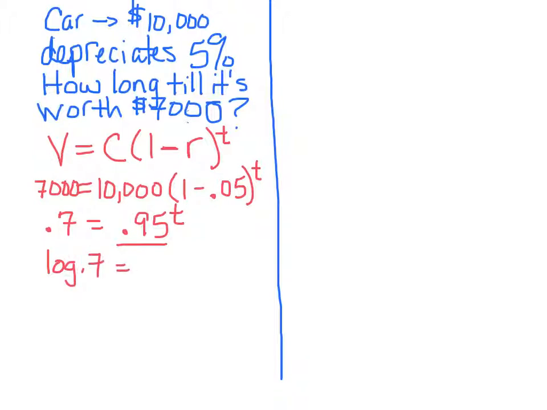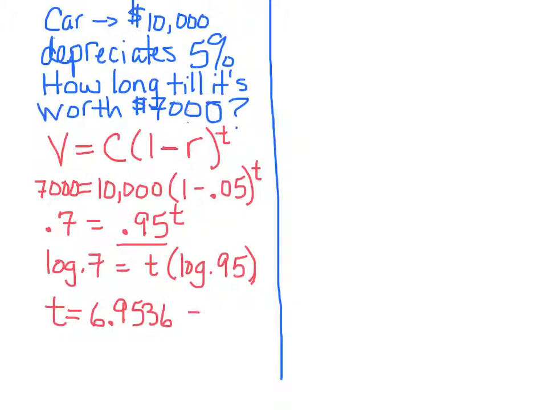And then on the right side, we're going to write t times the log of 0.95. And then just remember we divide everything by log 0.95, and our time will be 6.9536. So if I was rounding that to the nearest year, we would technically say 7 years.